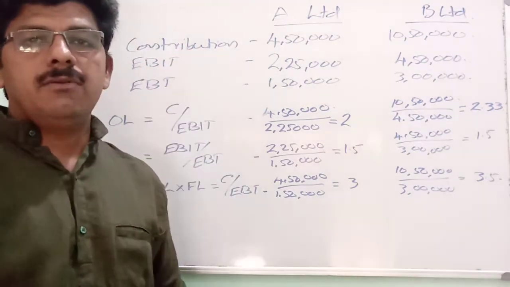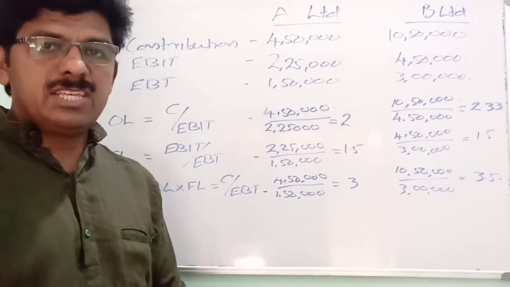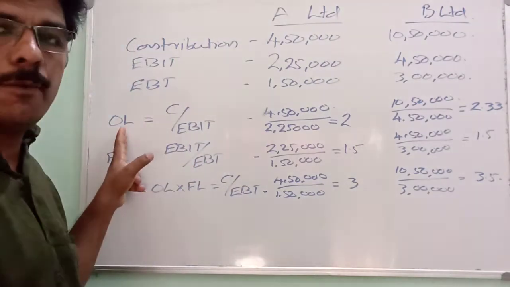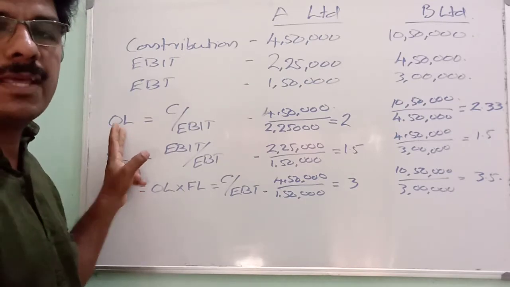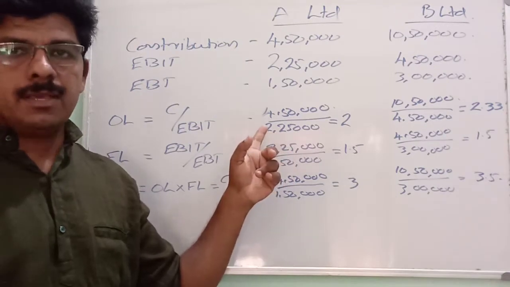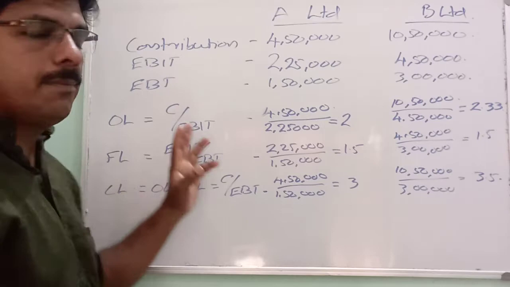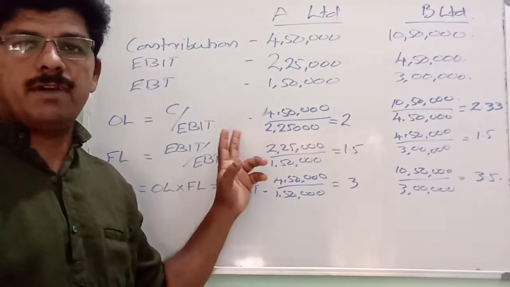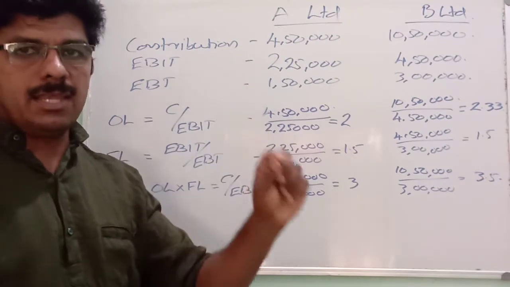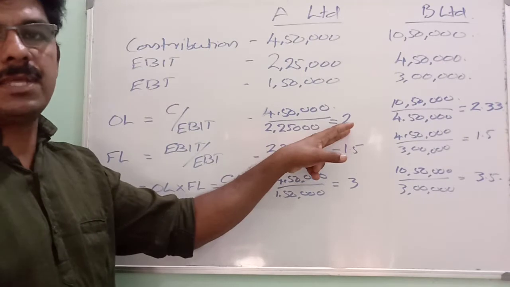Let us see what the relative risk position of these two companies is. What is operating leverage? Operating leverage measures the operating risk, and it is contribution divided by EBIT. It shows that a 1% increase in sales results in a 2% increase in EBIT.